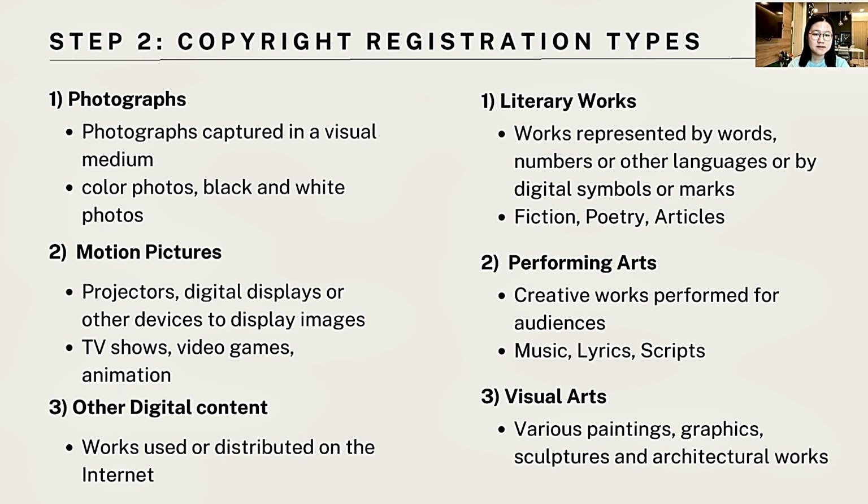The fourth is literary works, which mainly include poetry, journals, and other literary works, but the names and titles cannot be protected by copyrights. The fifth is performing arts, which are usually the music and stage performers we are familiar with. The last is visual arts. Journal books, works of art, jewelry, all belong to visual arts.